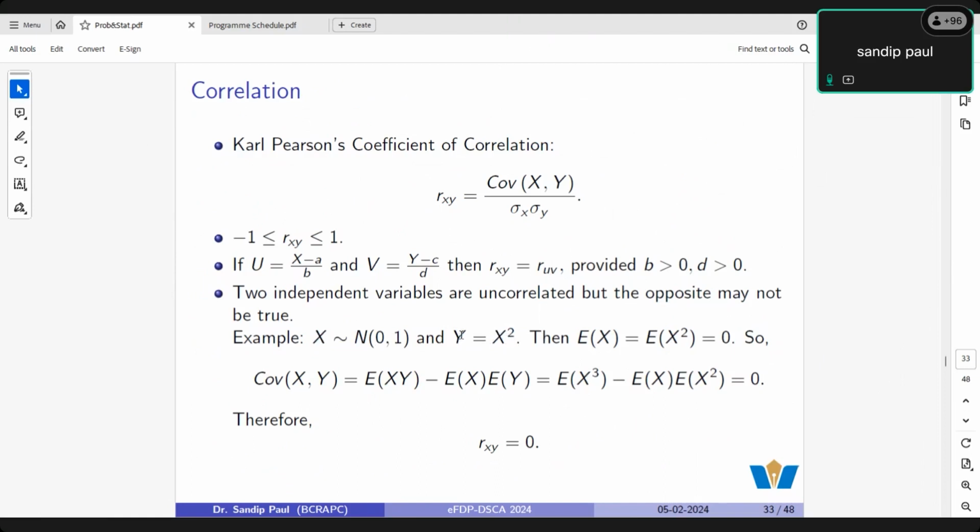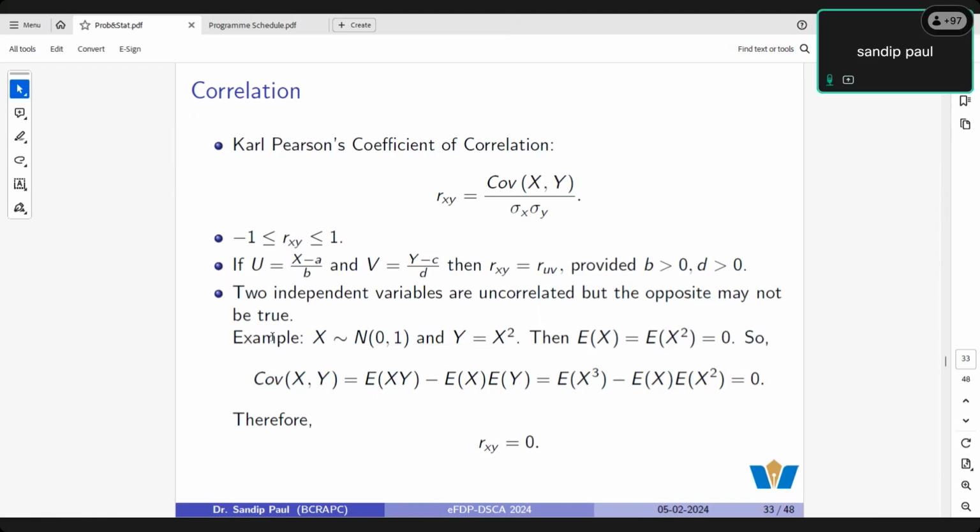An increase in x will affect y. But if we calculate the covariance, the covariance is 0. So if we have 0 covariance, the correlation coefficient is 0. That means they are not independent, but their correlation coefficient is 0.